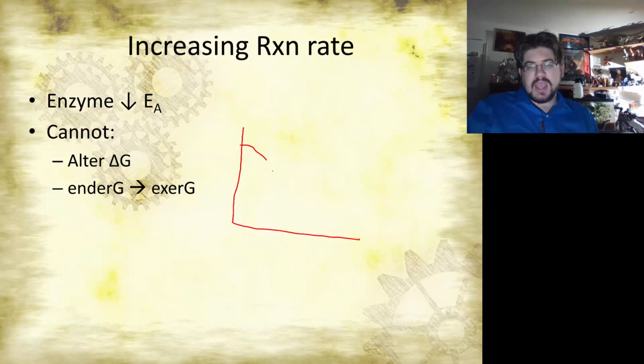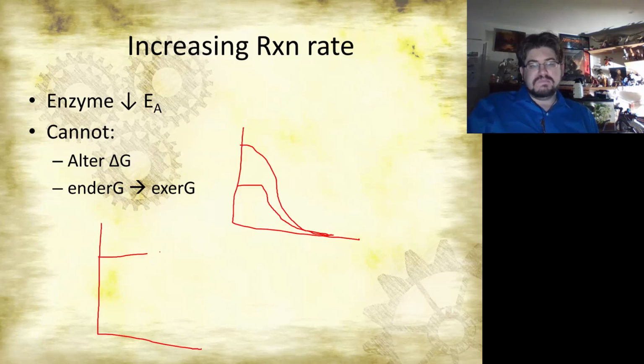Here's my downhill reaction. Boom. And then here's with an enzyme. Boom. Right? So you don't alter how much free energy you get out of that downhill reaction. You can just make it occur more often. And if this were an uphill reaction, there's the curve there to start it here, and you just have to continually put energy into it.